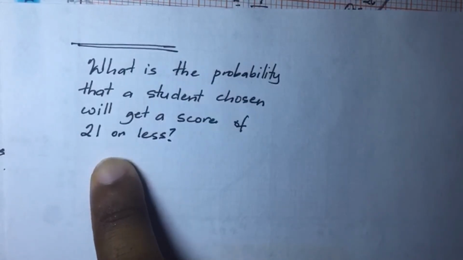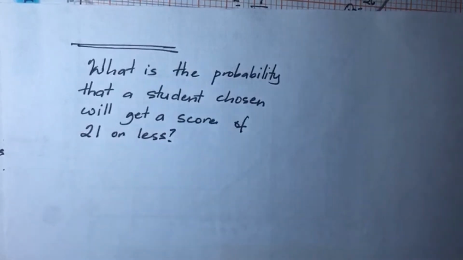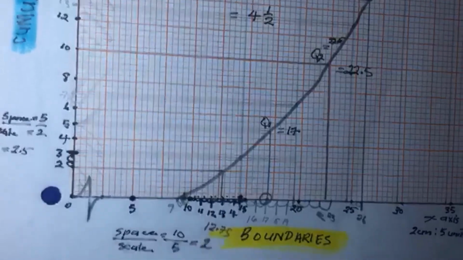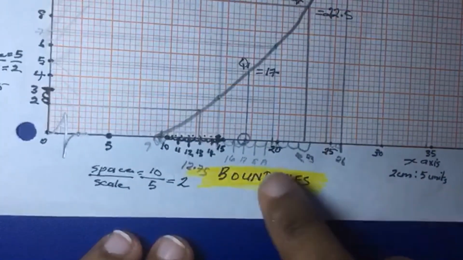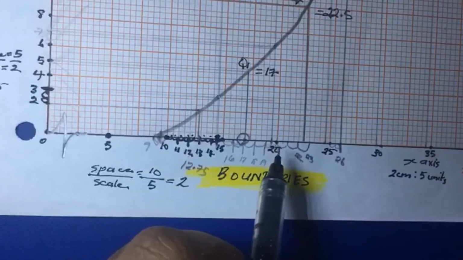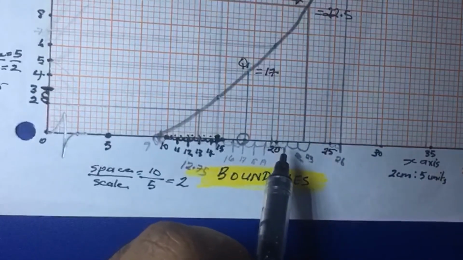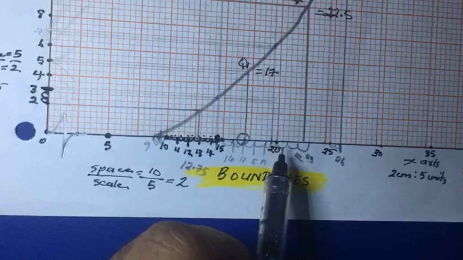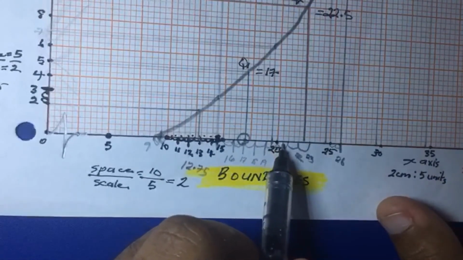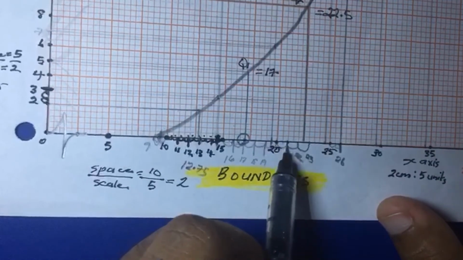So we need to look for 21 on the x-axis where the boundaries are. So I'm looking at my boundaries and I'm finding 21. So remember, every two of the little boxes on the x-axis makes 1 because of our scale. So 1, 2 from 20 will give me 21 right here.